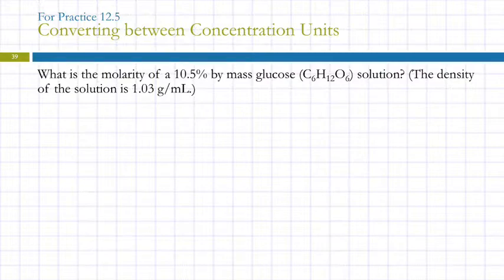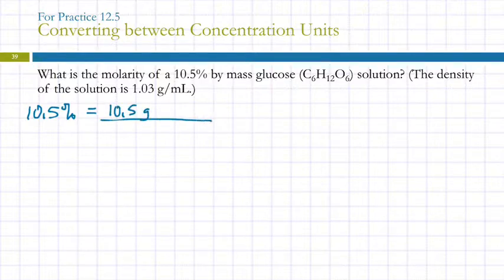Well, let's write down what we've got here. 10.5% by mass. That means 10.5 per 100. It's mass, so it's 10.5 grams per 100 grams. Excuse me. Grams of glucose per 100 grams of solution.